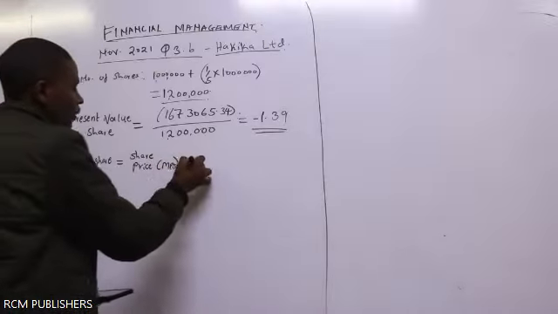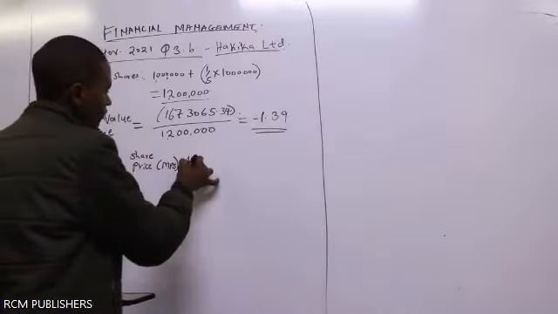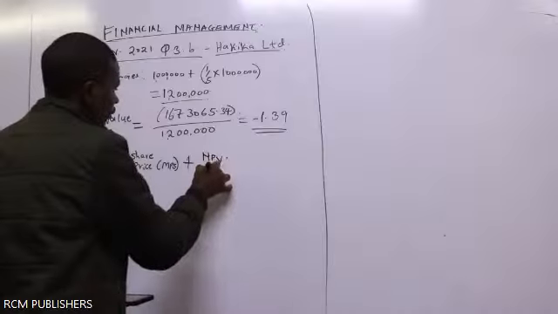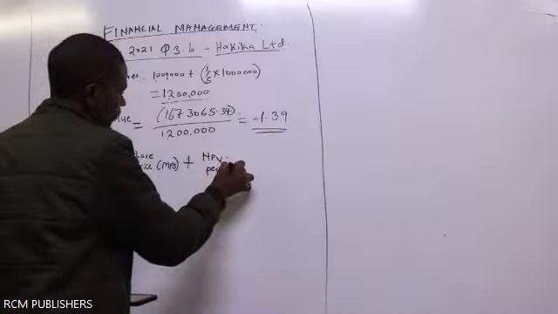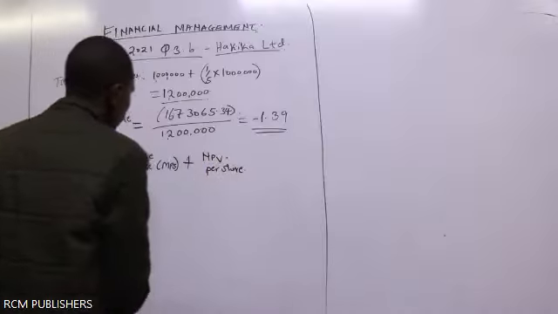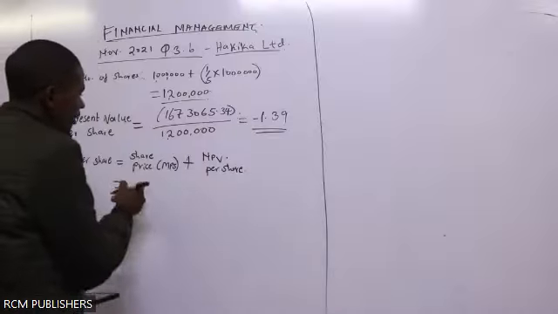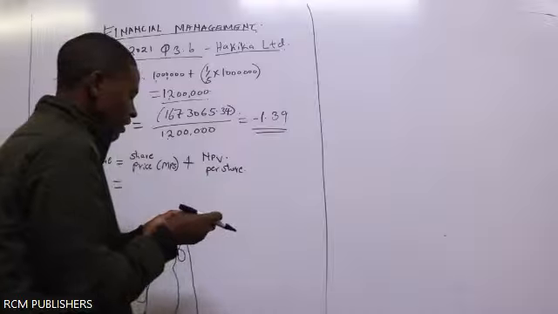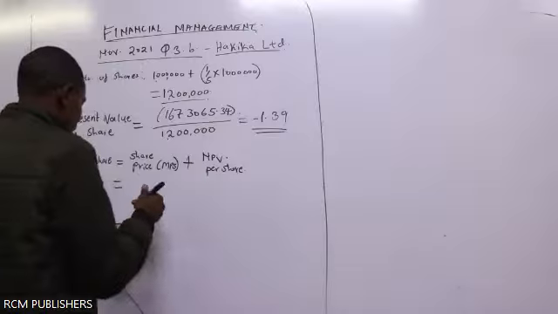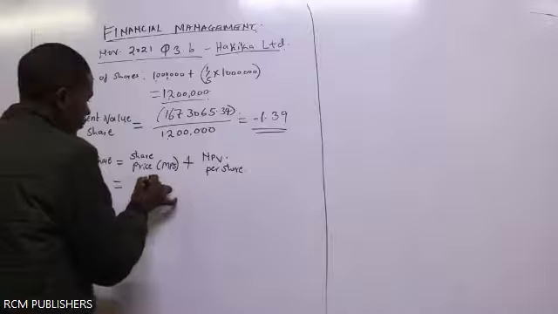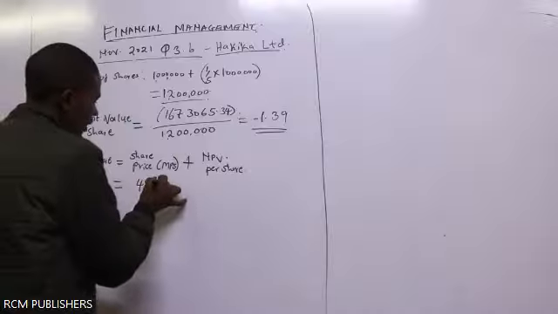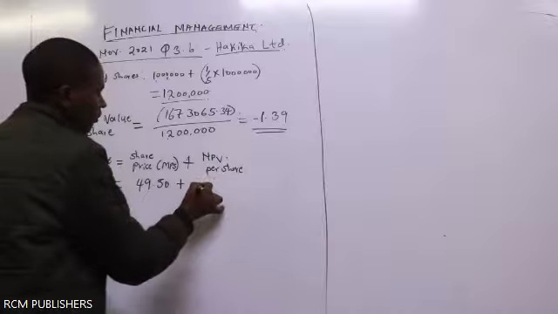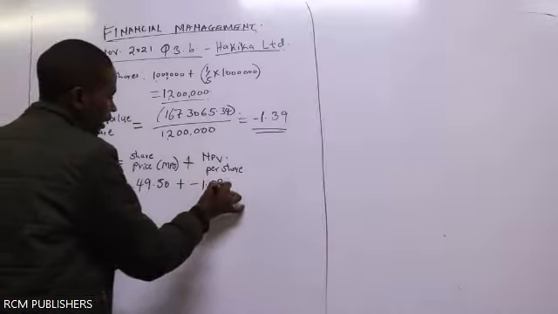And then you have to add the NPV per share. This is simple for us because we had our market price per share as 49.5. 49.5 plus, these are negative, so it's plus minus 1.39.